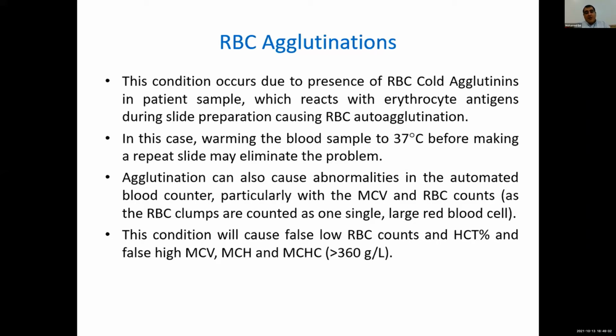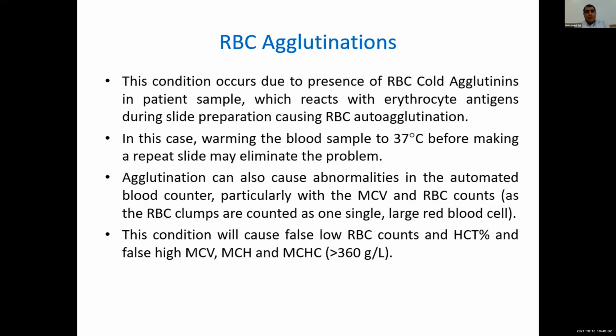In this case, warming the blood sample to 37 degrees centigrade before making a slide can eliminate this problem totally. Agglutination can also cause abnormalities in the automated blood counter, particularly with MCV and RBC count, as the RBC clumps are counted here as one single large red blood cell.